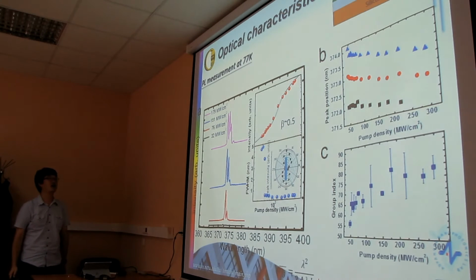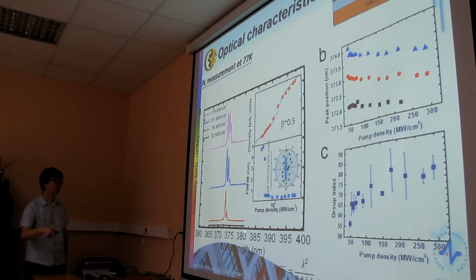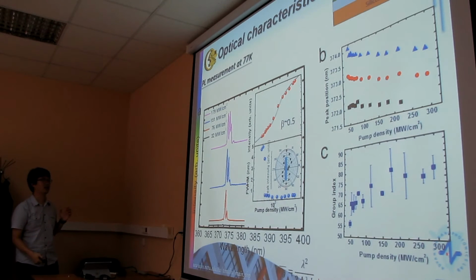So this is the optical characteristic of our silver surface plasmon nanolaser, and this is the photoluminescence spectrum from low pumping to high pumping. As you can see, at first there are only a few peaks, and when we increase the pumping, several peaks appear.